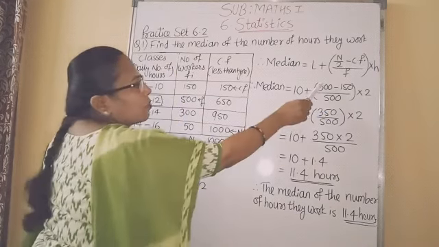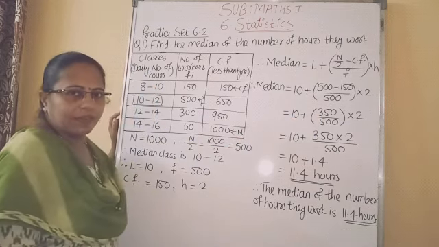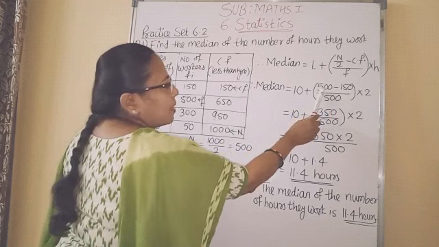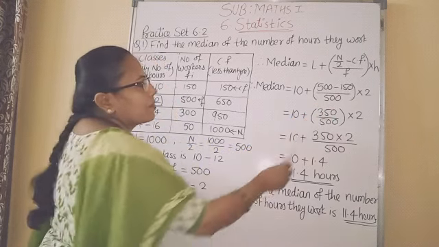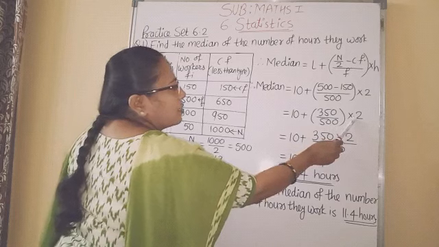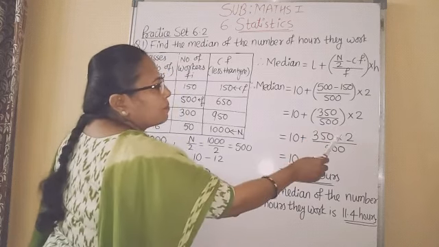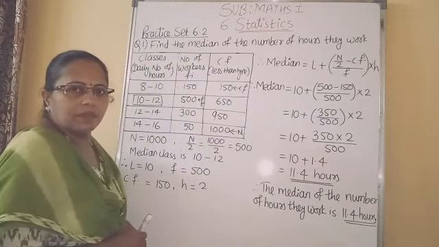Okay. Now student, don't go for simplification here. Don't cancel 500 minus 500. First you have to do subtraction. 500 minus 150 is 350 upon 500 into 2. Now if you open this bracket, you will get 350 multiplied by 2 divided by 500.